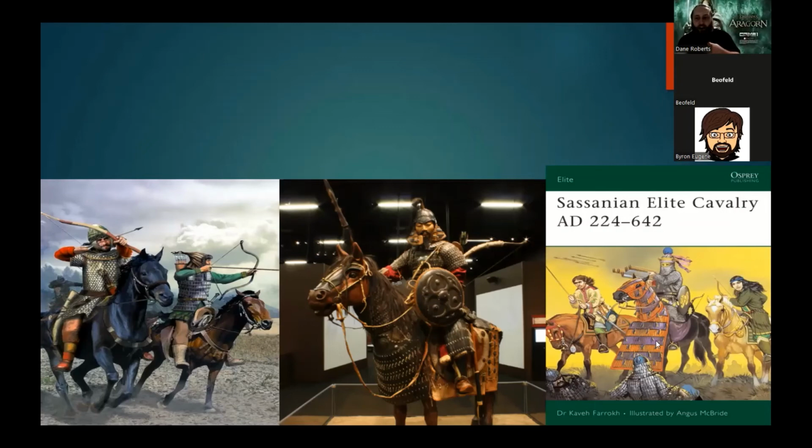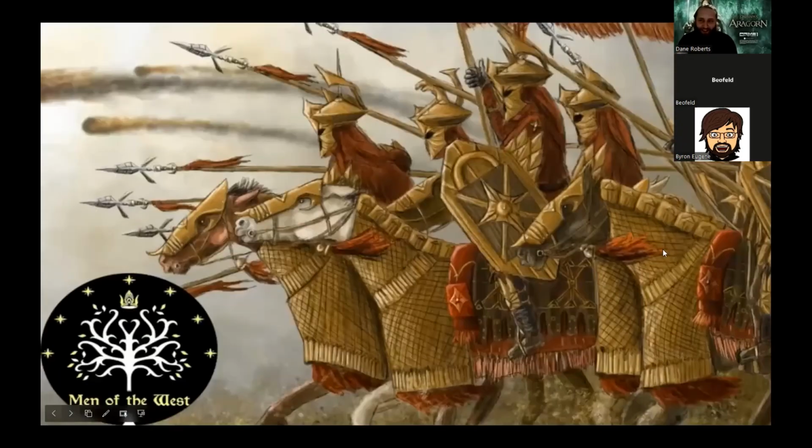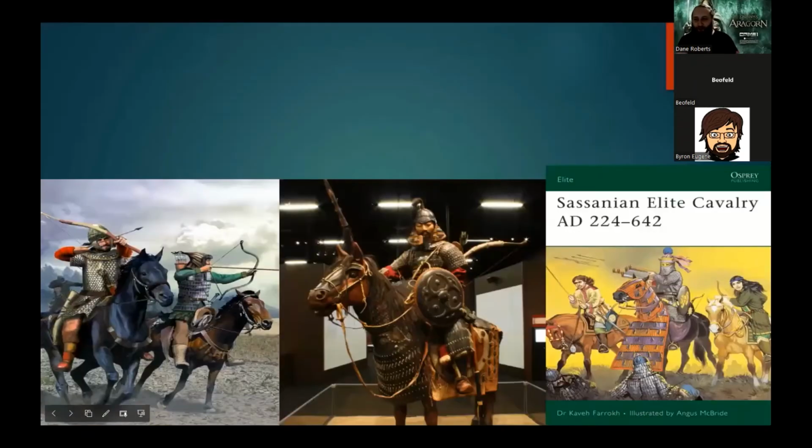And then there was also the Sasanian Empire, who were known for their Eastern cavalry that wore scale mail in a similar way. In fact, you can look right here in the center, and that looks very similar to how the Easterlings are described. So we have three different groups that could have been based off of.